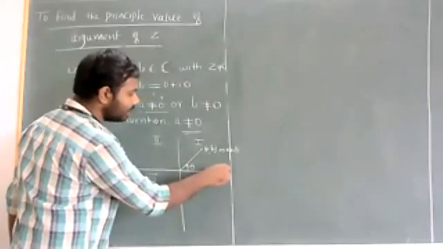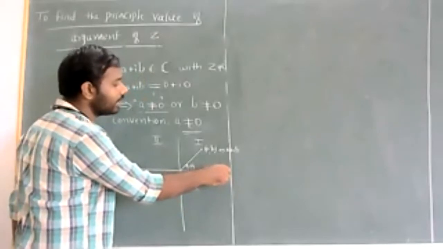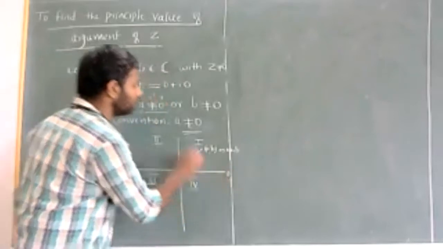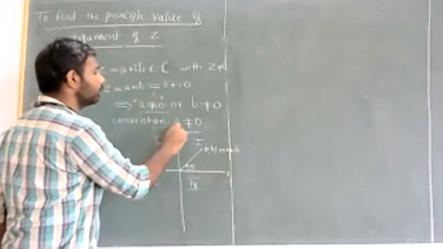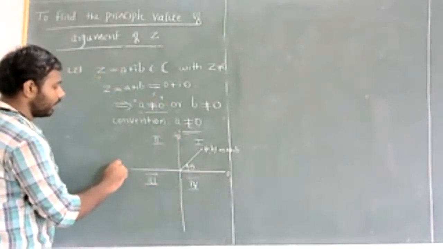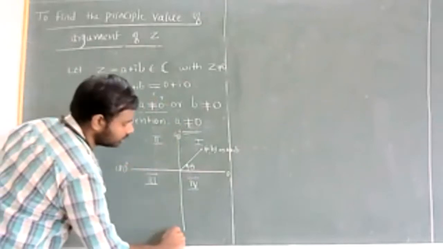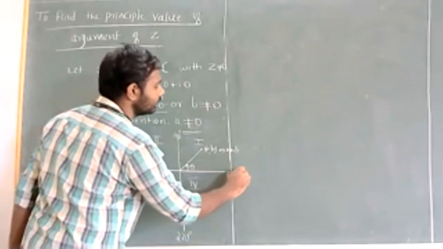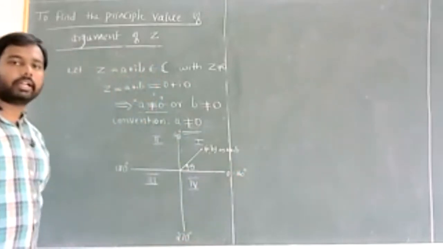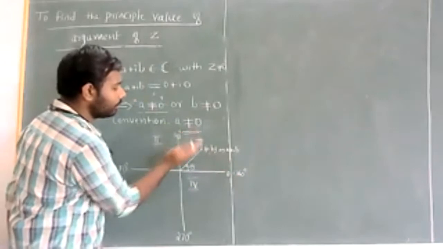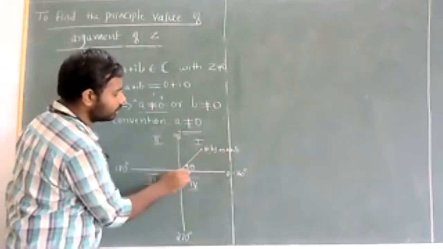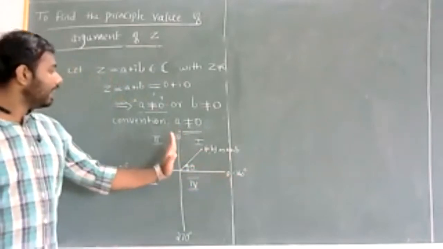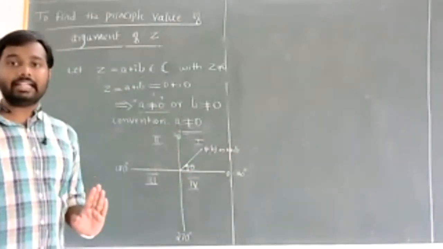If I start measuring the angle from here, this is 0, this is 90 degrees, this is 180 degrees, this is 270 degrees, and once again this is 360 degrees. Now I start from here and measure the angle. It is theta, which is greater than 0 and less than 90 itself.